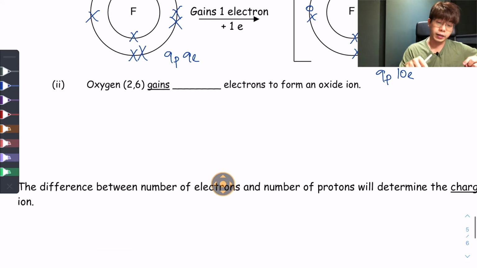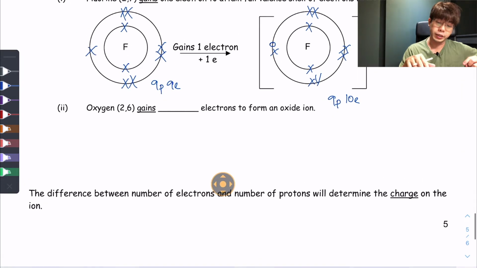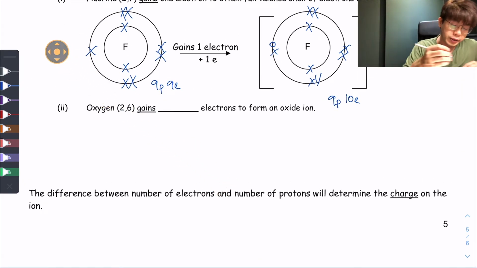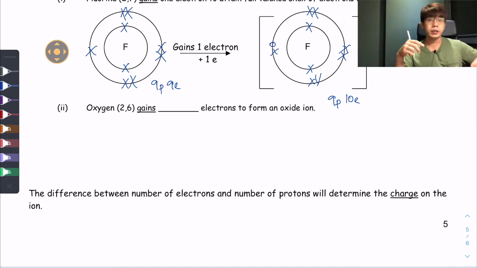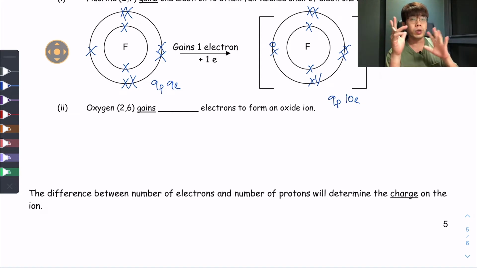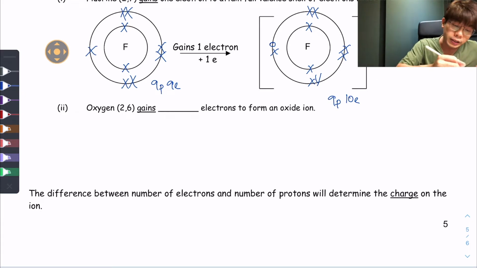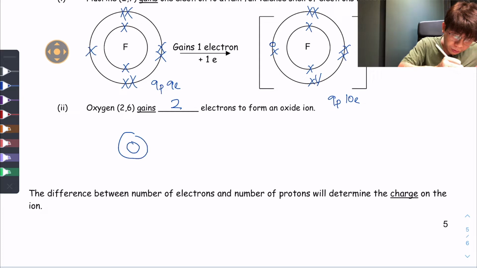Let's look at our last example, oxygen. Oxygen has 2.6. A full valence shell will consist of 8 electrons. So how many electrons must it gain? It will gain 2 electrons. Oxygen originally is 2.6, so let me draw the 6.